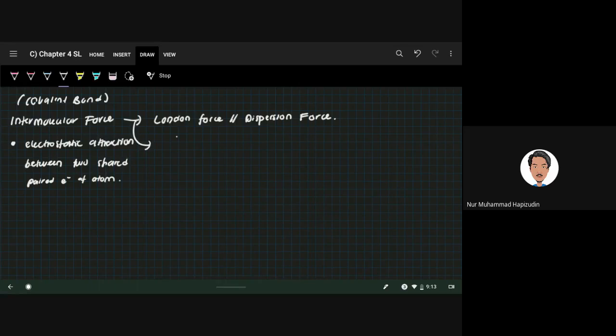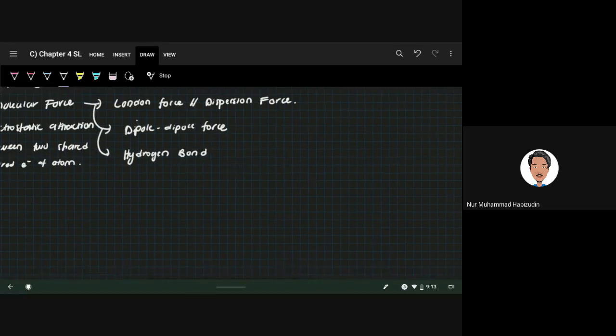Second, dipole force. Third, hydrogen bond. So we go to the first force, which is London force.